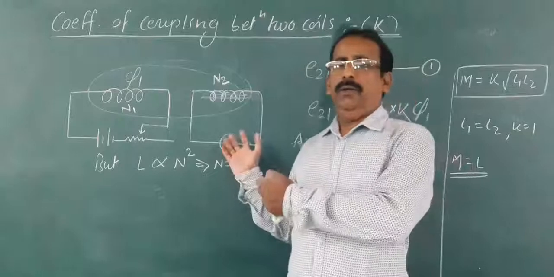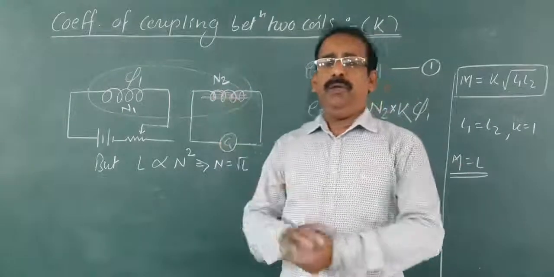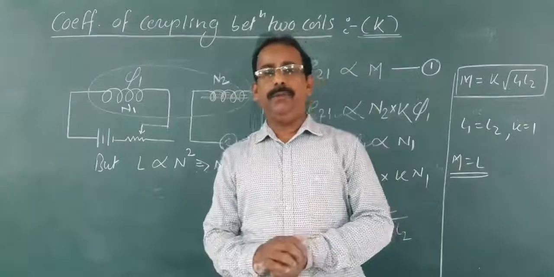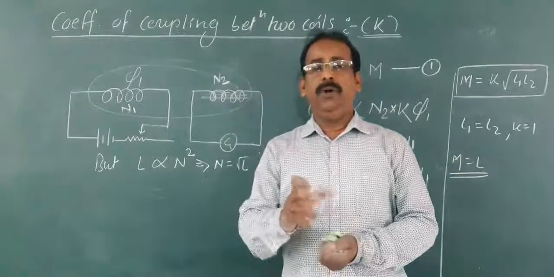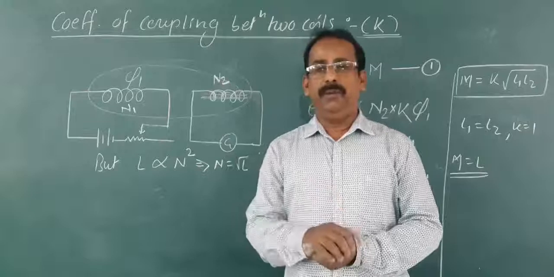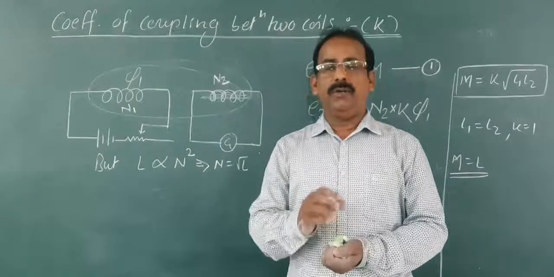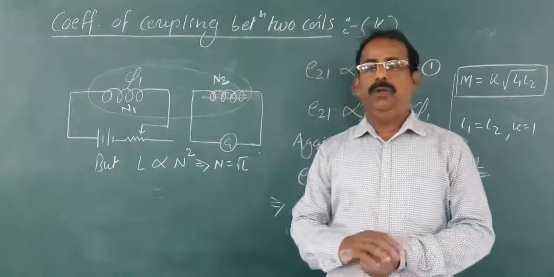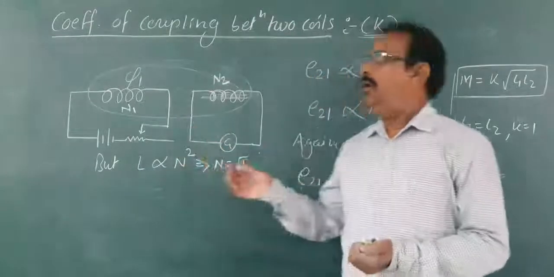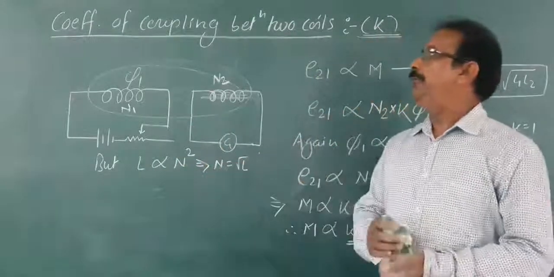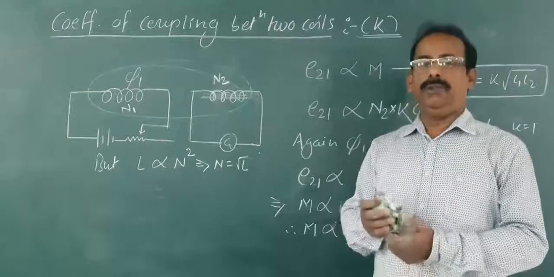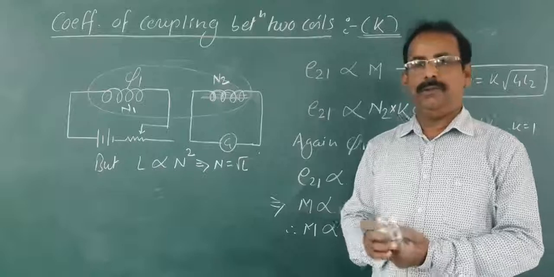And the K will be minimum if the two coils are oriented perpendicular to each other. This is all about coefficient of coupling between two circuits.